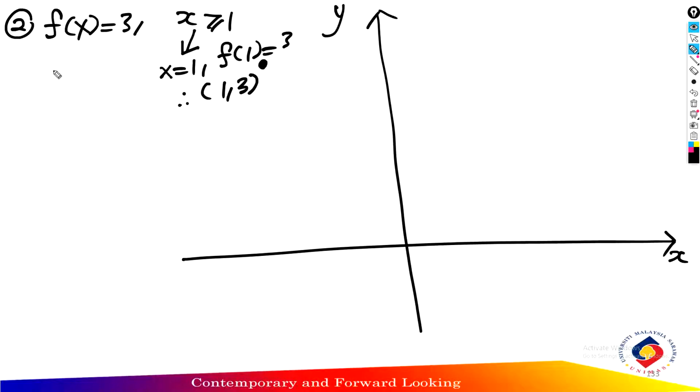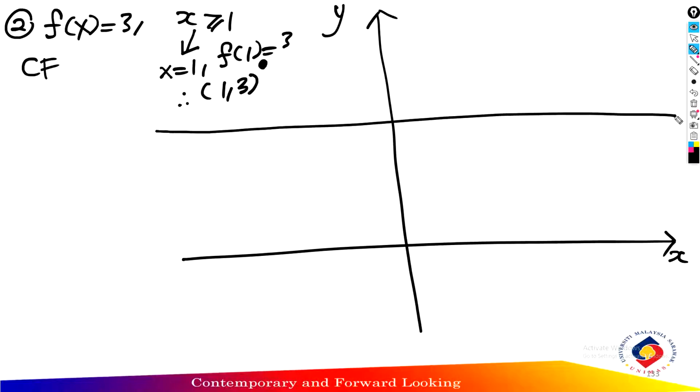And for the graph of the constant function, you just draw the horizontal line from 1 to positive infinity. Okay, and the point at (1, 3). So this one is f(x) equals 3, and the value of y equals 3. For the first value, x equals 1, you put the filled circle.